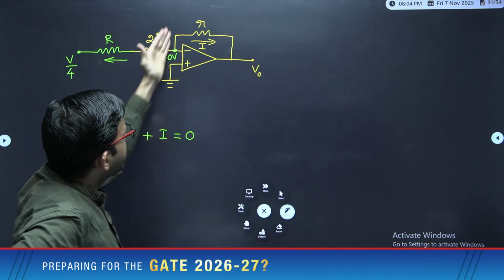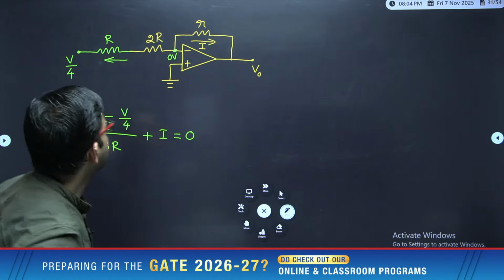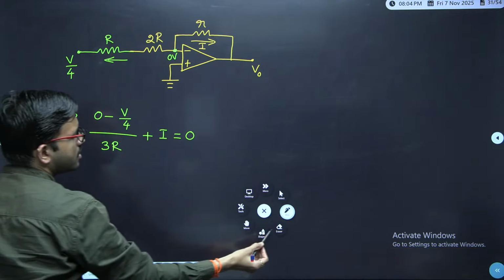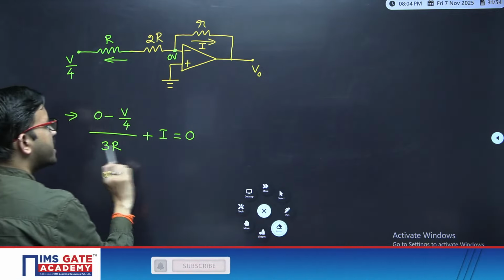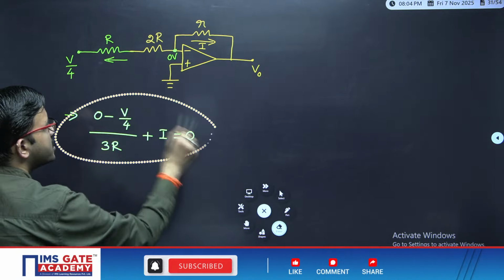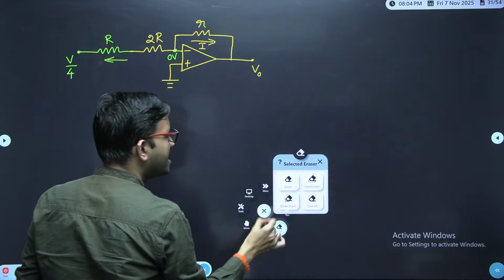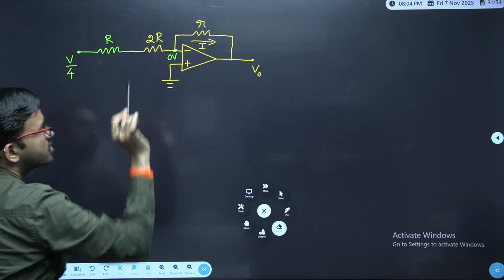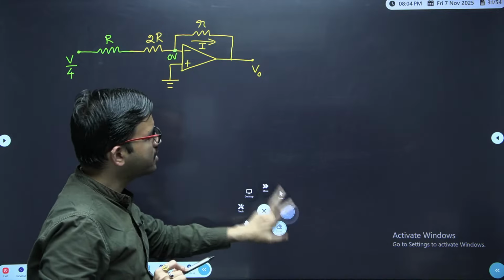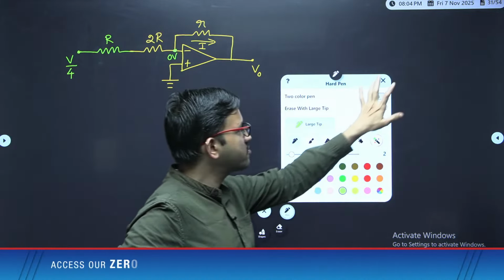Whatever current is entering, exactly the same current is flowing. I am discussing all the possible cases so that beginners can also solve the questions correctly. That is the reason I am covering this, because these are basic concepts even for other subjects.